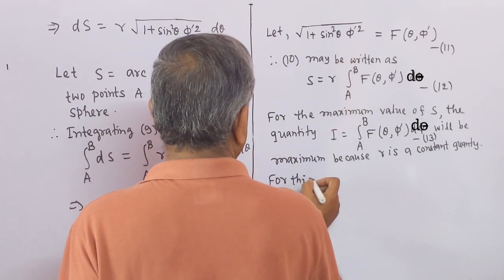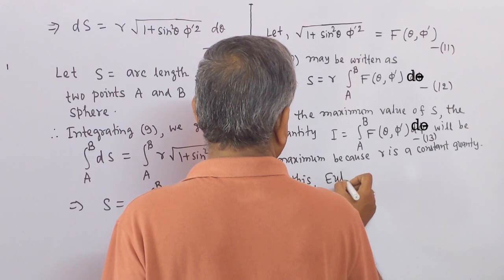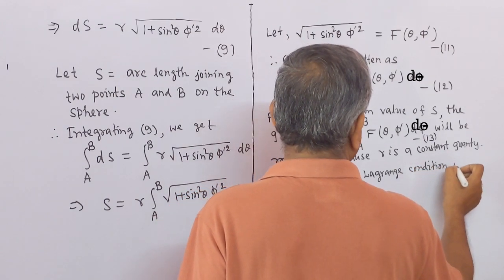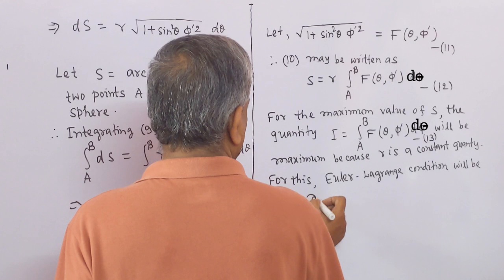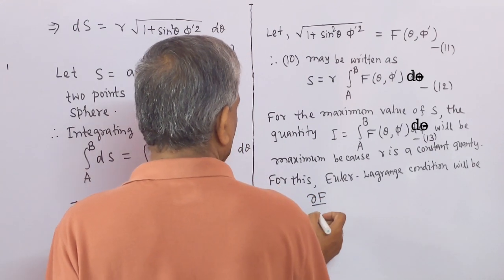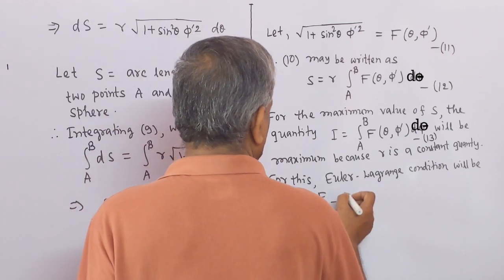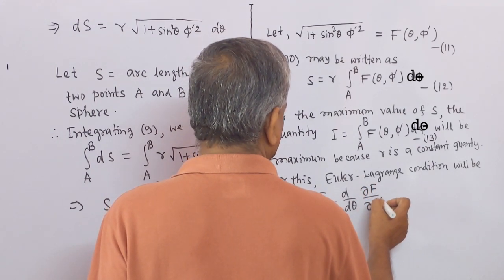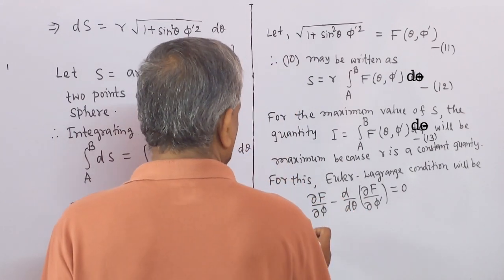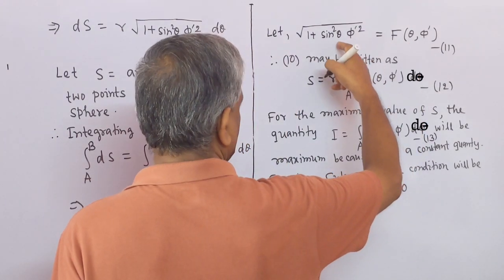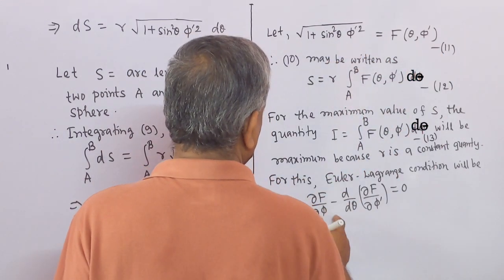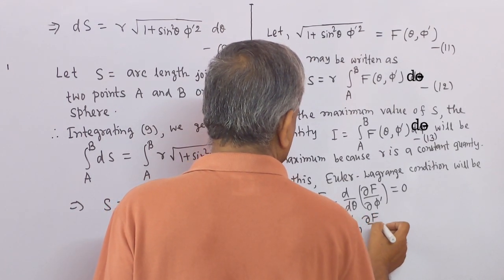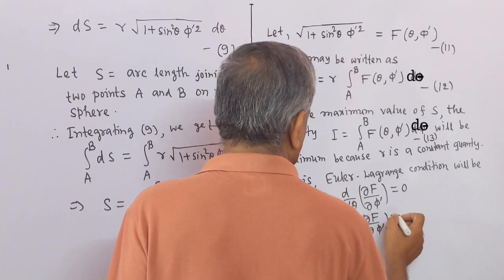For this, the Euler-Lagrange condition will be partial derivative of f with respect to phi minus d by d theta of partial derivative of f with respect to phi prime equal to 0.